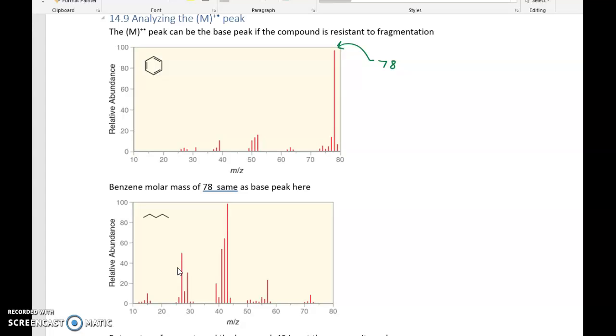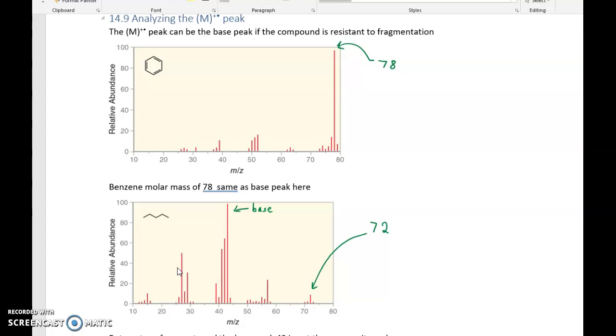If we look at something like pentane, though, its molar mass is 72. We find that this is the molecular peak and this is the base peak, because it is more liable to be fragmented, and so we get a different base peak.